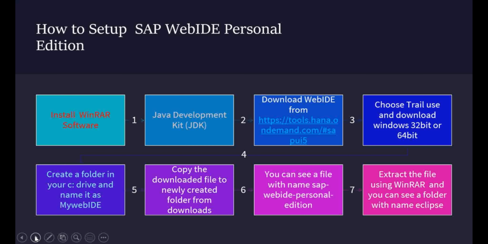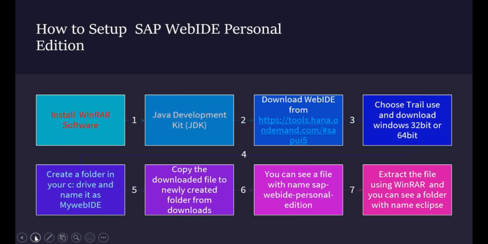In the next step, we have to create a folder in C drive. You should give a proper name like My WebIDE. Then you have to move or copy the downloaded WebIDE file to the My WebIDE local folder.